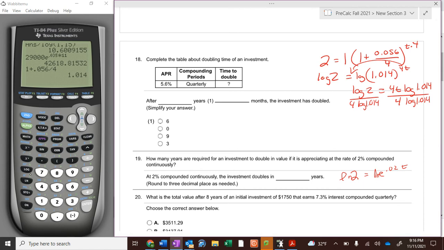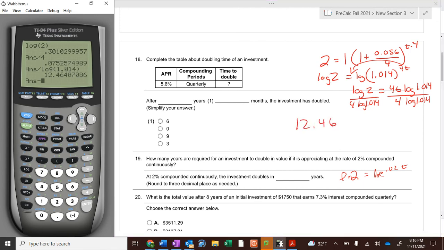So the log of 2 divided by 4, and then divide by the log of 1.014. And you get 12.46.